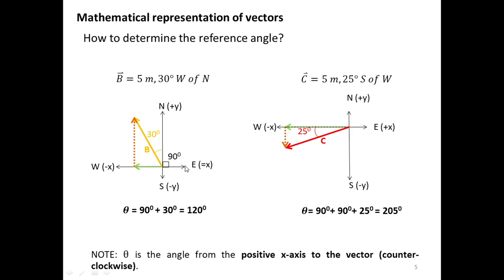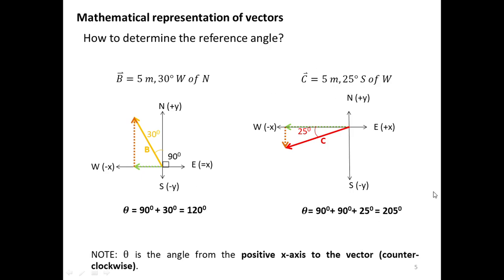Because from the positive x-axis to the positive y-axis, we have a total of 90 degrees. And since we have another 30 degrees, all we have to do is add 90 degrees and 30 degrees, and that should give us the reference angle of 120 degrees.